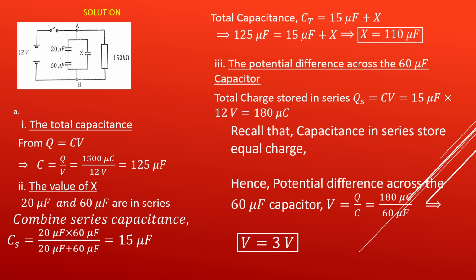So what you need to remember is that the total charge stored in series is the same. So we have Q equals CV. First of all, calculate the total charge stored in series before you calculate the potential difference across the 60 microfarad capacitor, because the potential difference across the 60 microfarad capacitor is not the same as the potential difference across the 20 microfarad capacitor. So we calculate it this way.